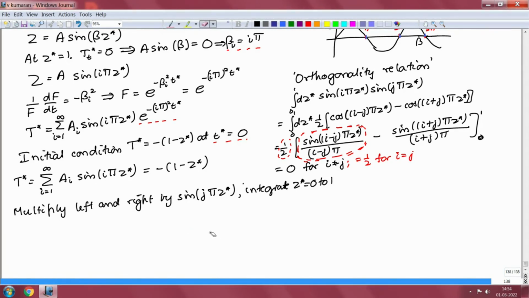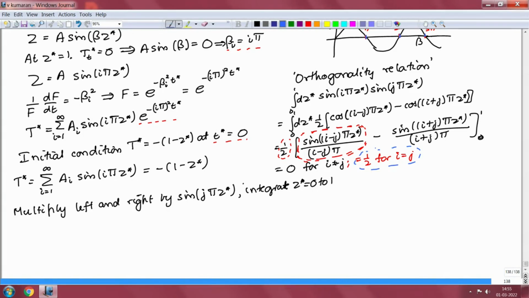So, if I take the function sine of i pi z multiplied by the function sine of j pi z, and integrate from 0 to 1, it is always equal to 0 when i is not equal to j. It is non-zero only when i is equal to j, and for i equal to j, it has this particular value of half.